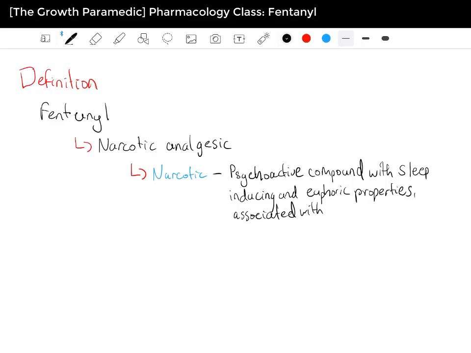And as we have mentioned, fentanyl is an opioid agonist. I'll cover that in the pharmacodynamics.